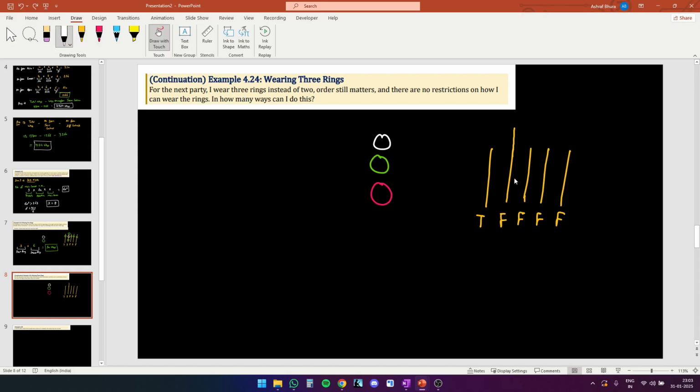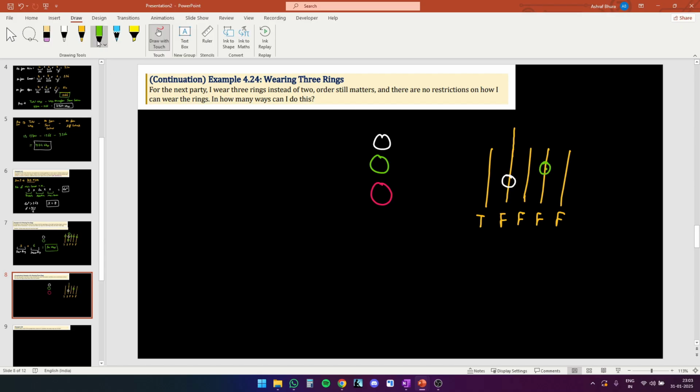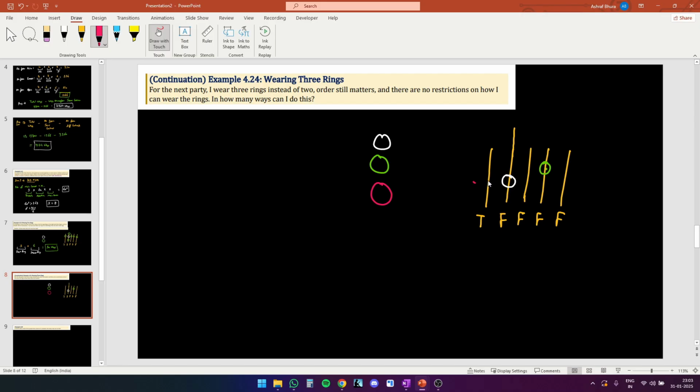Let's say I'm wearing a white ring over here and green ring somewhere over here. So when it comes to the red ring, how many choices do we have? We have one choice, two choice, three choice, as we can see, fourth choice over here, and fifth choice over here, sixth over here, and seventh over here, right? So can I say in total I will be having 7 choices.